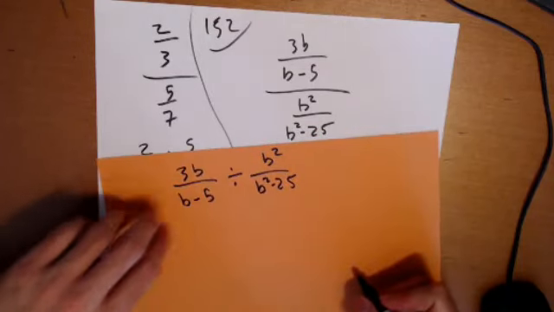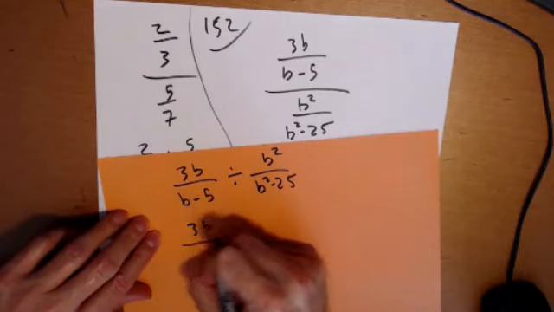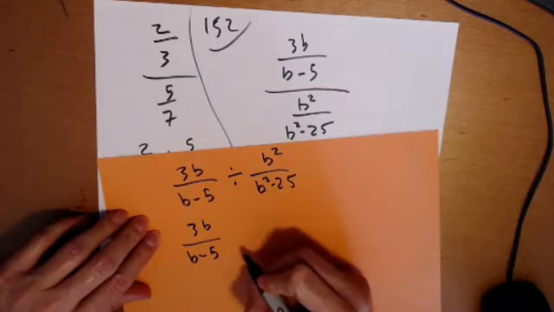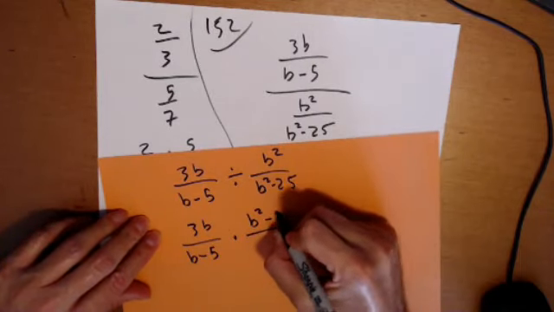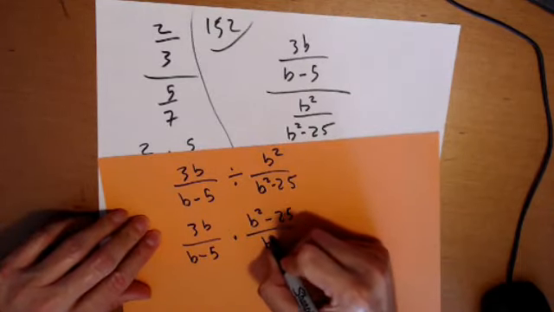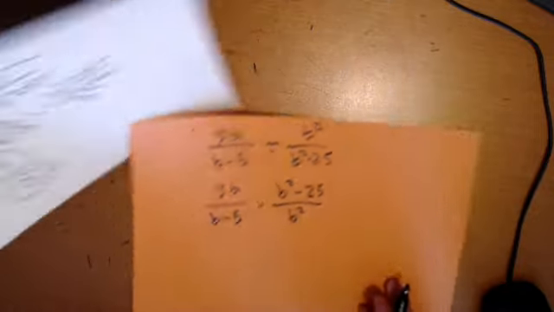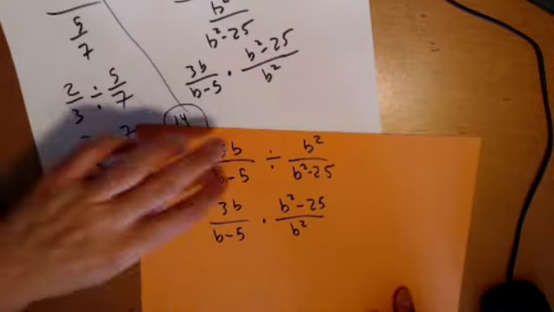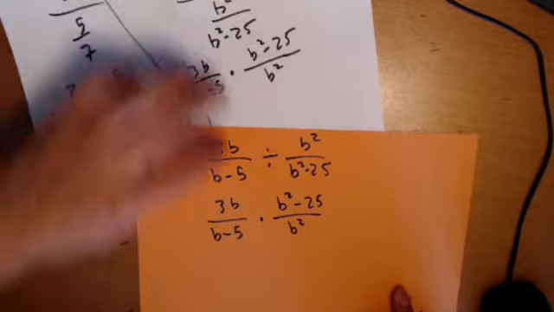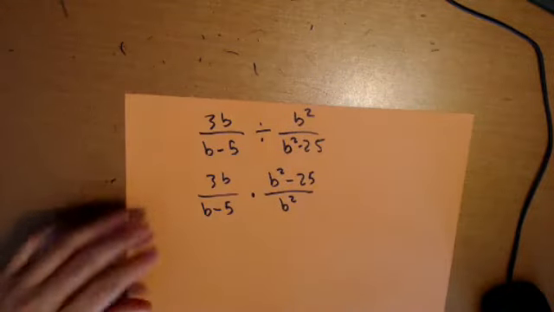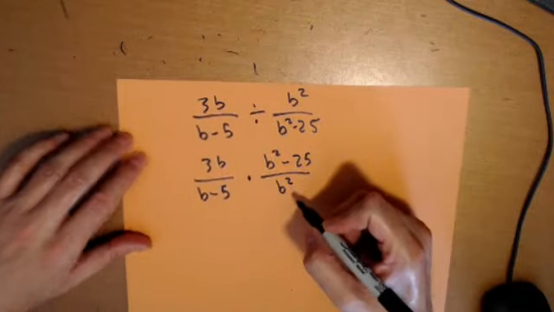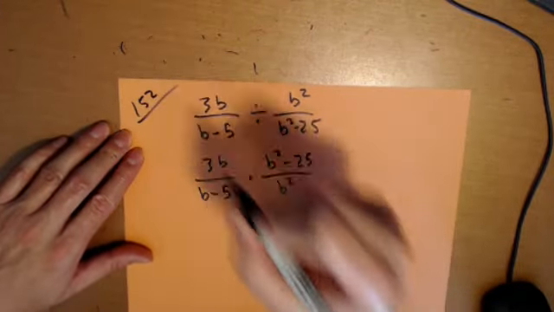That's the part I left out, because I was lazy: 3b over b minus 5 times the reciprocal, b squared minus 25 over b squared. Okay, so now we're back at, see how I jumped. I basically skipped this step. I went straight here. I feel like you can handle that. Okay, this was problem 152. We're still working on it.